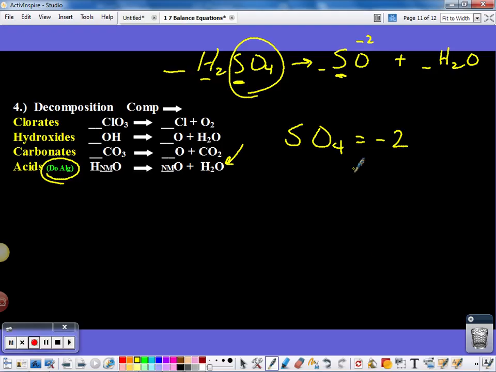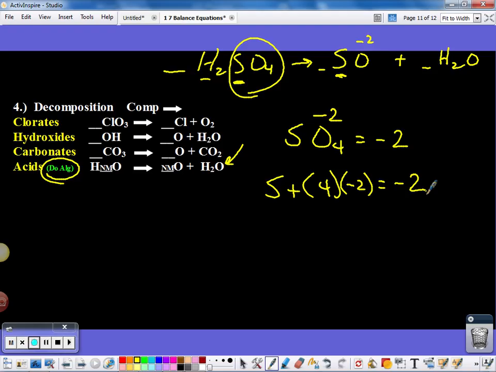Now, I always know what oxygen is. It's a -2. So S plus 4 times -2 equals -2. Now, of course, you don't have to go through all these steps. And on the next time, I won't go through all these steps. But I want to make sure everybody sees the algebra. Okay?